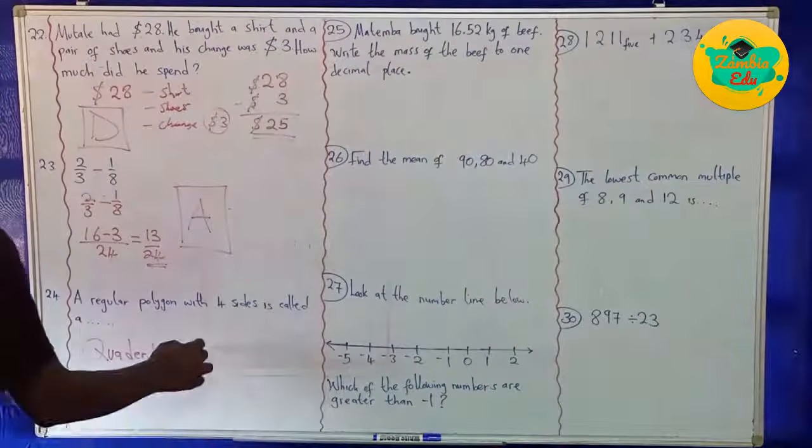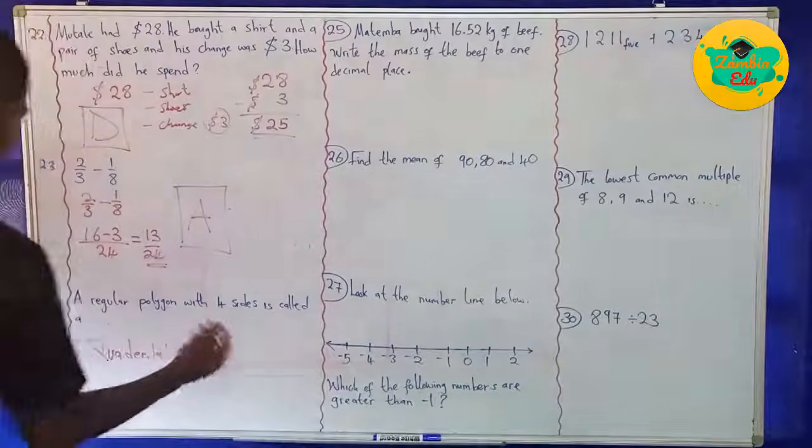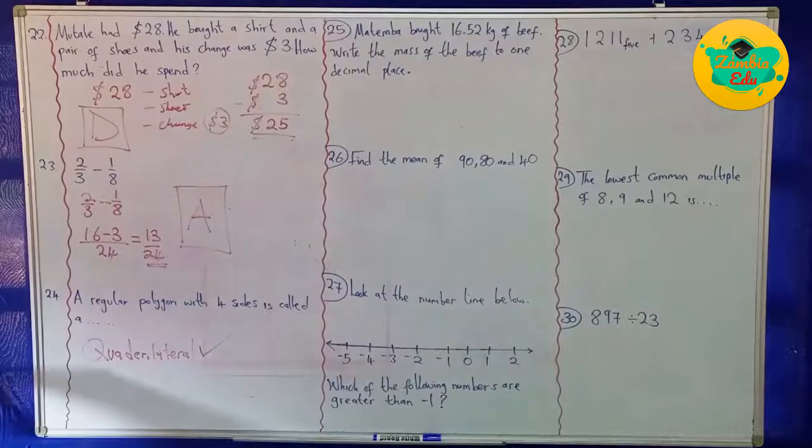So we're looking for a shape which has 4 sides, and we are saying it's a quadrilateral.